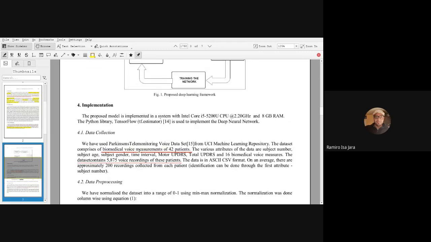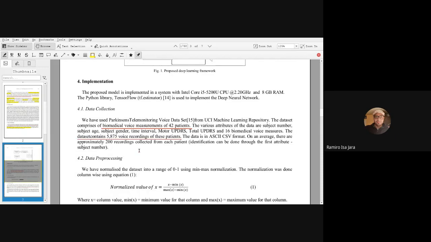The implementation is developed using TensorFlow. TensorFlow is a library designed by Google, and the code is written in Python scripts. The data collection used 42 patients, and the number of recordings is about 5,000 files.